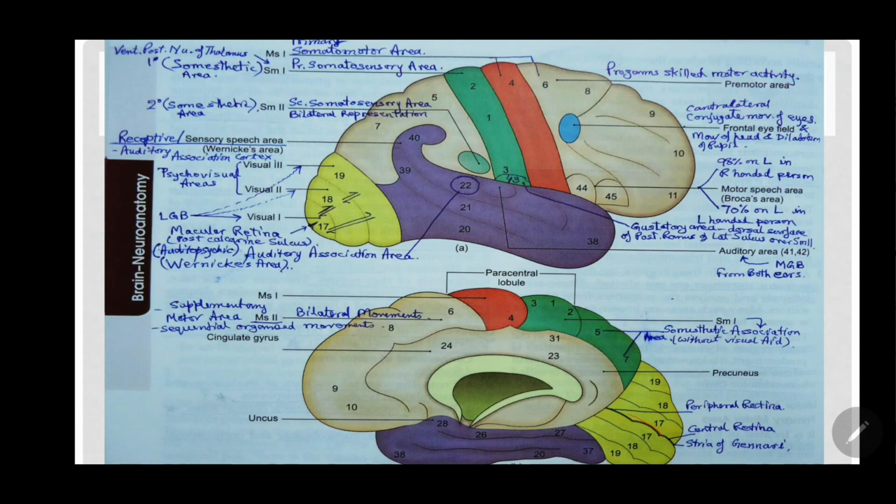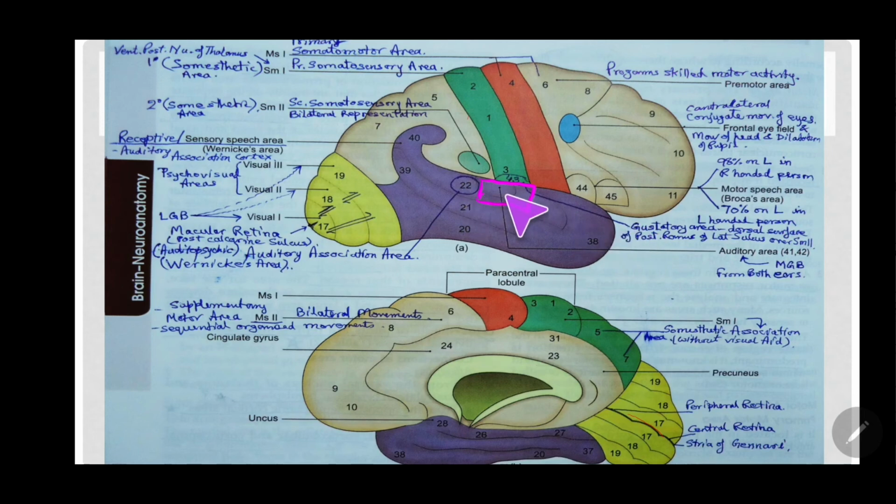Now about the spatial orientation of these fibers, that's also important. Like this area I had drawn here as the gyrus of Herschel, area number 41, 42, right, and this is the anterior side, this is the posterior side.